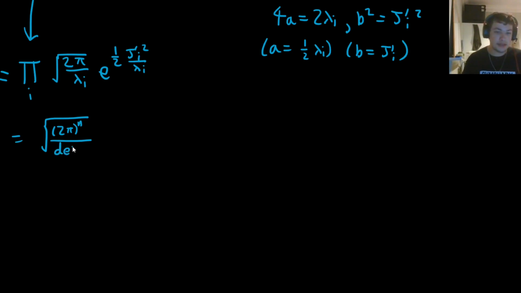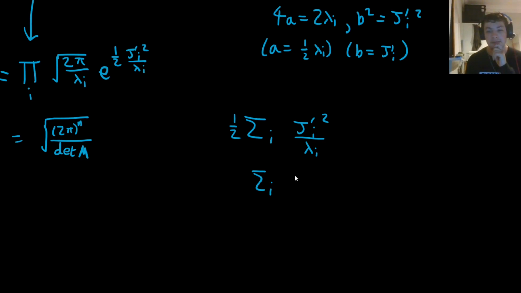So this is det M, and then we get this exponential term, which is going to be the sum over i of, take the half out, j primed i squared divided by lambda i.